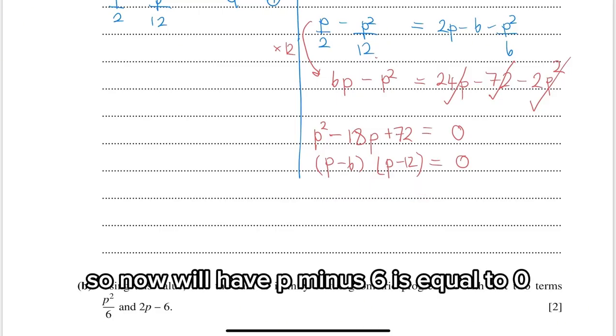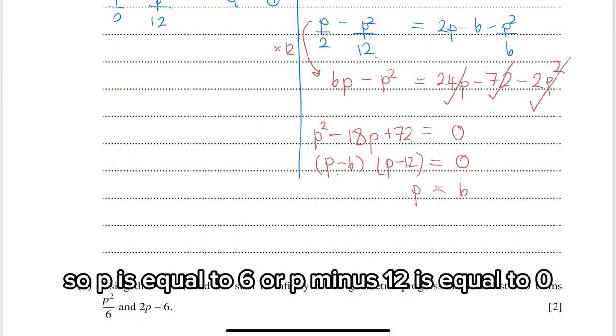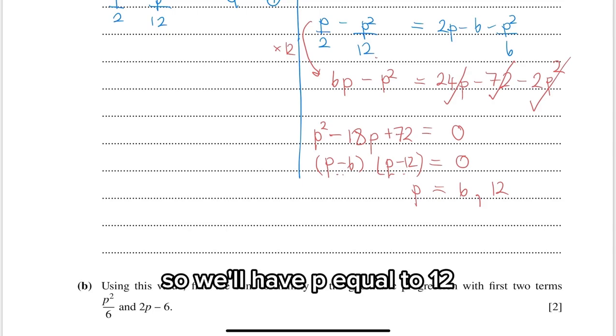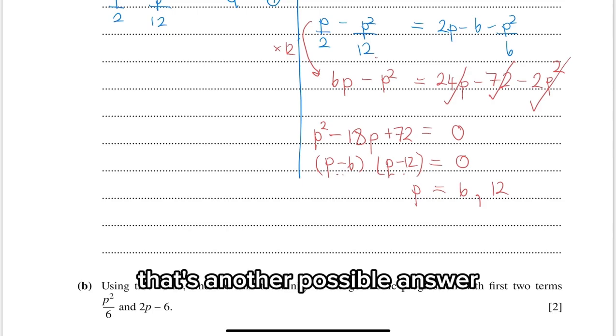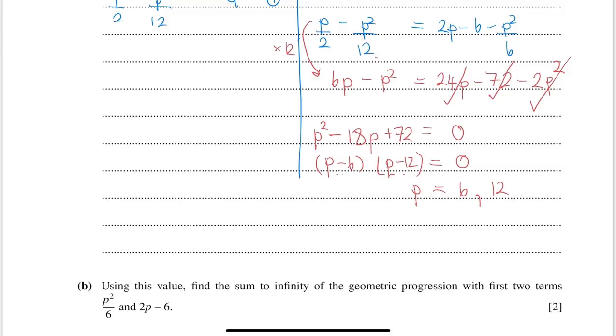So p minus 6 is equal to 0, so p is equal to 6, or p minus 12 is equal to 0, so we'll have p equal to 12. That's another possible answer.